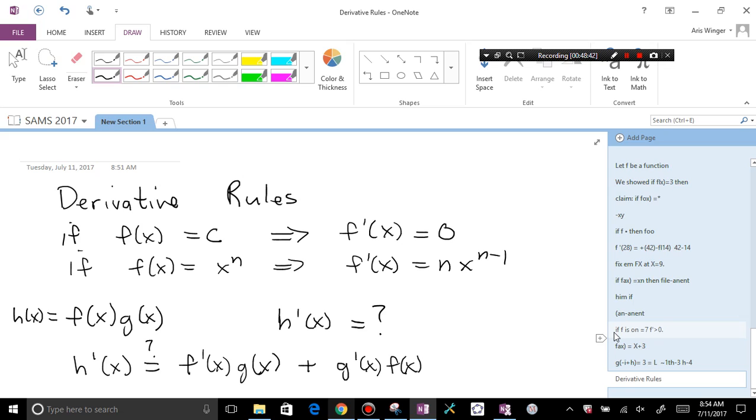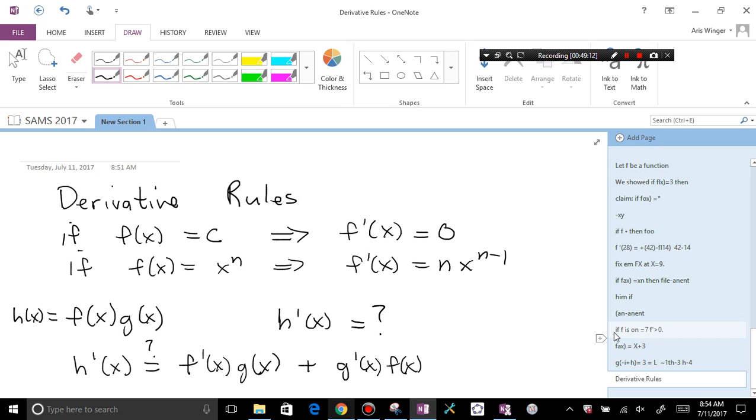So if I'm driving and I'm at mile marker 20, and I got there in some amount of time, then you can calculate my average velocity in miles per unit of time. If you put in time and it gives you miles, then the derivative is in miles per hour.